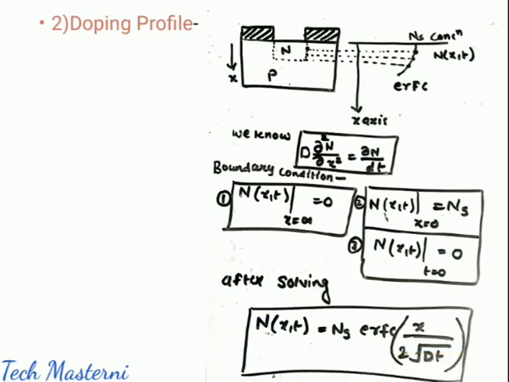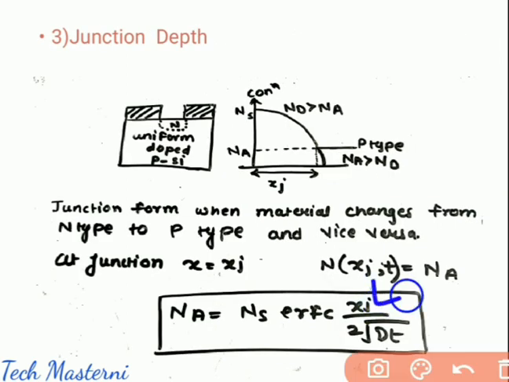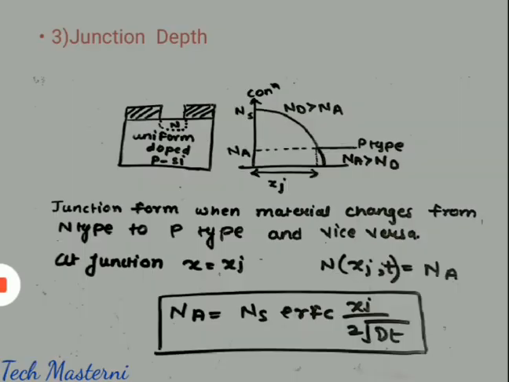If I equate N(x,t) equals Na, I will get the depth of my junction. So it is a simple process. Equate my concentration equal to Na. Na is the concentration of the P type substrate. So I can evaluate my Xj. I hope you have understood this particular point here.